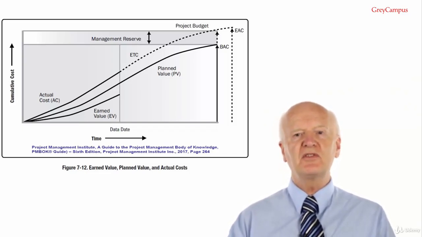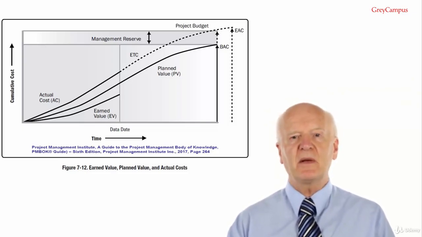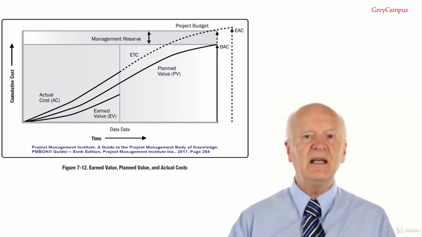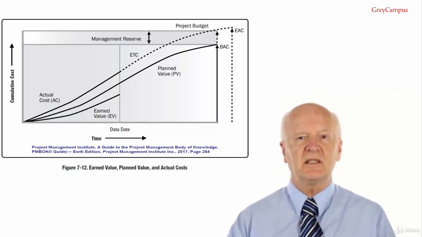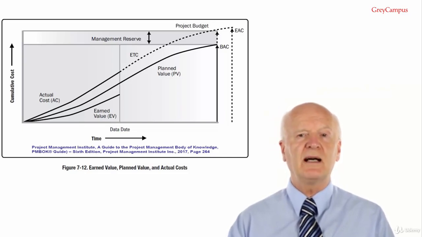This EAC method assumes that what the project has experienced to date can be expected to continue in the future. The ETC work, the estimate to complete work, is assumed to be performed at the same cumulative cost performance index, CPI, as that incurred by the project to date. The equation is EAC equals BAC over CPI.